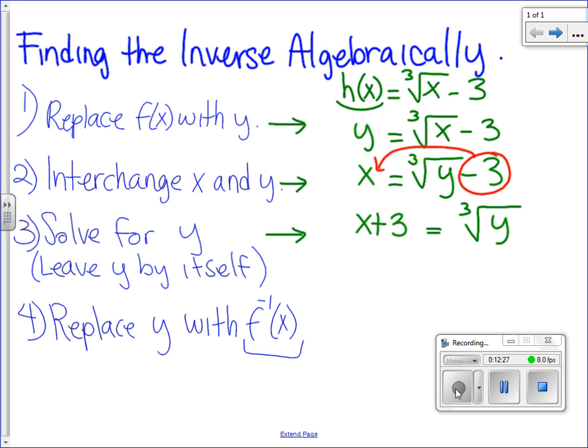Now, I know that I need to leave y by itself, so what will be the inverse operation of the cube root? I hear square. If we have the square root, we will square it. And since we have the cube root, we cube it, right? Let me just write it on the next row.